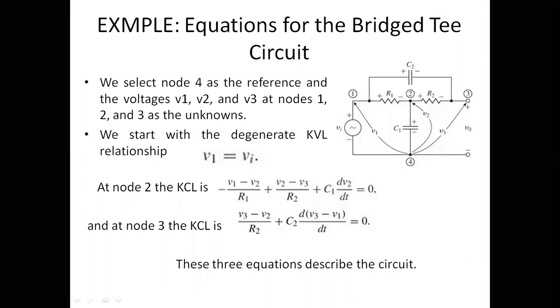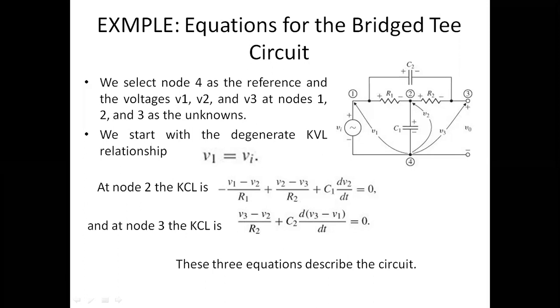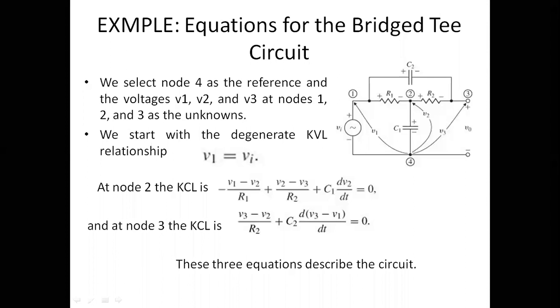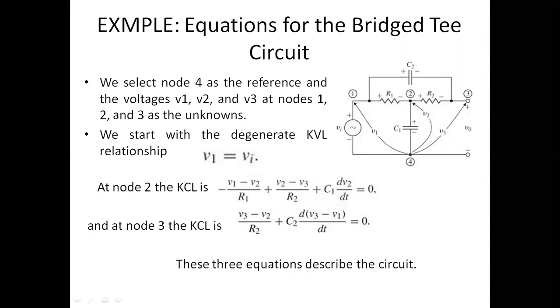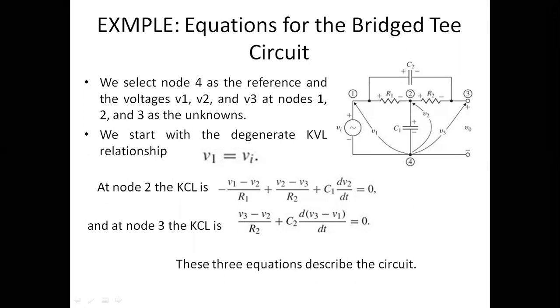Okay. Now, if I apply KCL at node number 2, we want to see how many branches are there at node number 2. Three branches are there. From which branch is the current coming in?